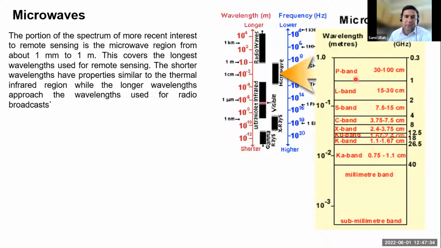That's further divided into P band, L band, S band. If you have a look at the example of space-borne radar grammetry, these are two twin satellites with which we do radar interferometry or radar grammetry.